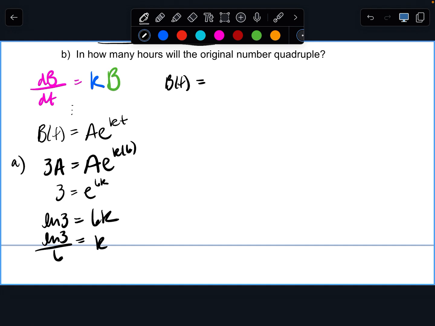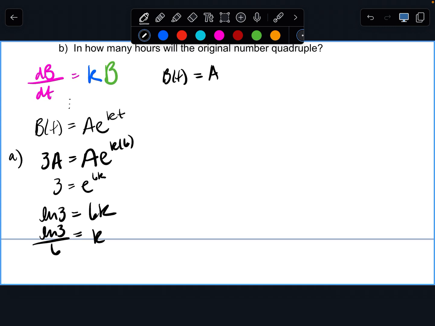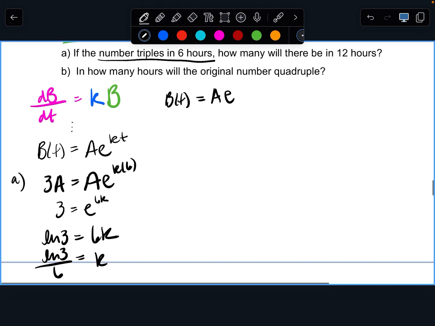And the A, wait a second. They didn't give me an A, did they? No? Okay, so we'll just put A there. This is seriously what I do. I'm just rolling with it, trying to plug in anything I can. And then E to the K, K I actually know. That's that goofy thing, natural log 3 over 6. And then 12, apparently.